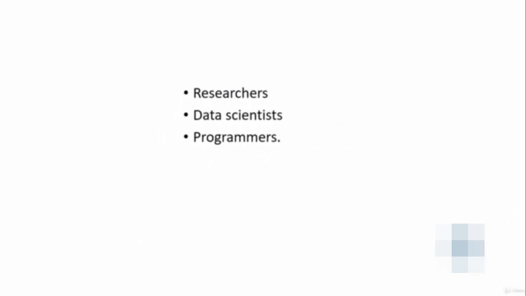Google wants to use machine learning to take advantage of their massive datasets to give users the best experience ever. Three different groups use machine learning: researchers, data scientists, and programmers. They can all use the same toolset to collaborate with each other and improve their efficiency.